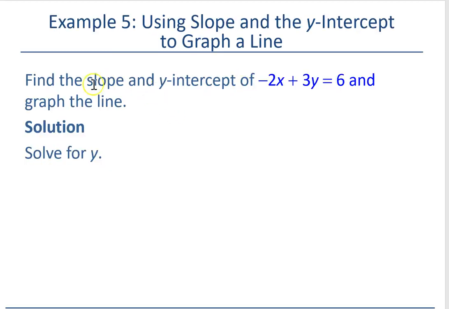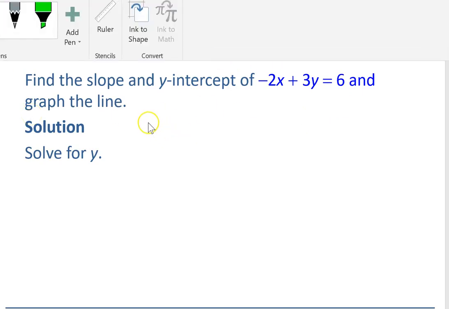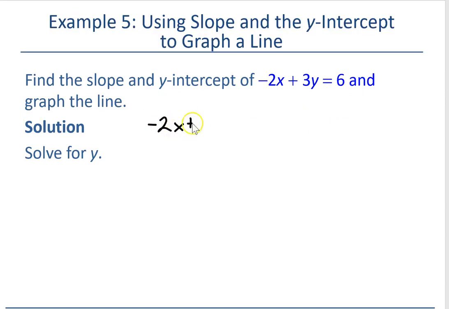Find the slope and the y-intercept of this, and then graph the line. Basically, you're solving for y. We've done this. Solve for y, get everything onto one side. So let's rewrite this. I've got -2x plus 3y equals 6. Let's add a positive 2x to both sides. Remember, let's make it look like y equals mx plus b.